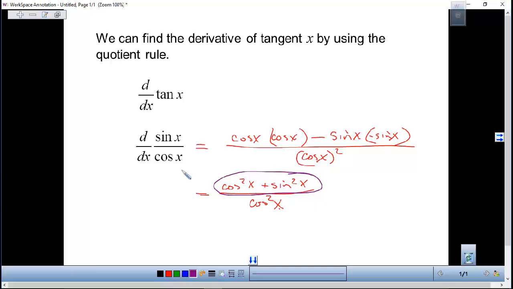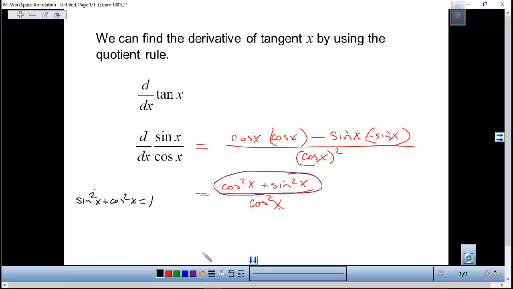But the best way to do this is to recognize what you have right here. Remember, there's a Pythagorean identity that says sine squared x plus cosine squared x equals 1. And that actually comes from the equation for a circle, specifically the unit circle. Sine squared is y, cosine squared is x, x squared plus y squared equals 1.